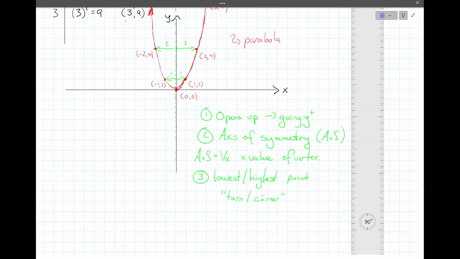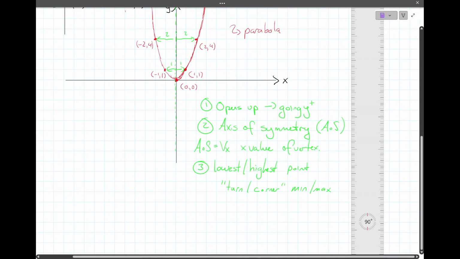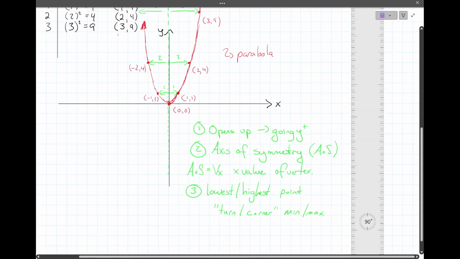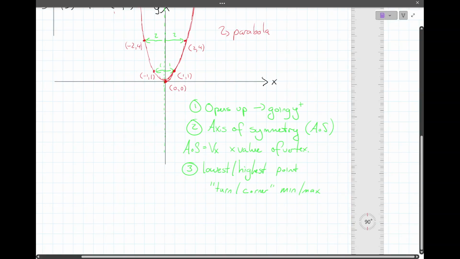So this is a minimum or maximum on the parabola. When we think of a parabola, it's always centered on the vertex. For this one, this is a minimum, and every point is higher than that vertex. We're going to see somewhere it can be a maximum.